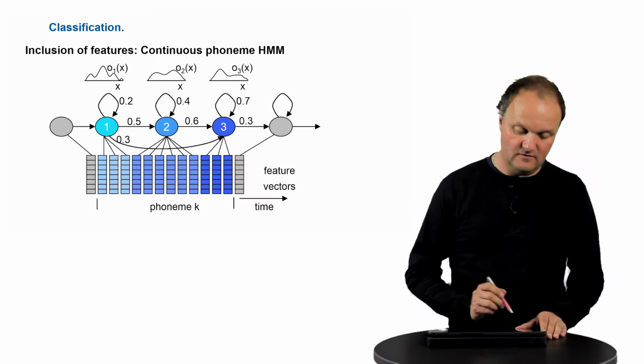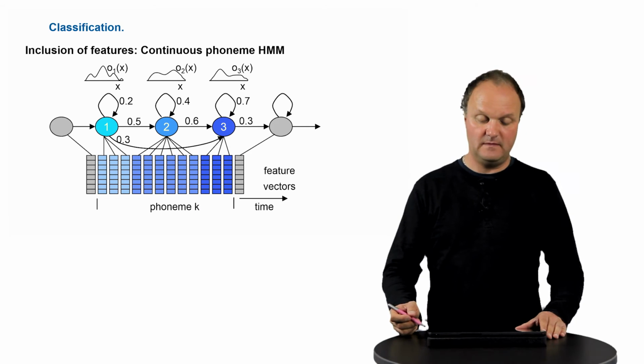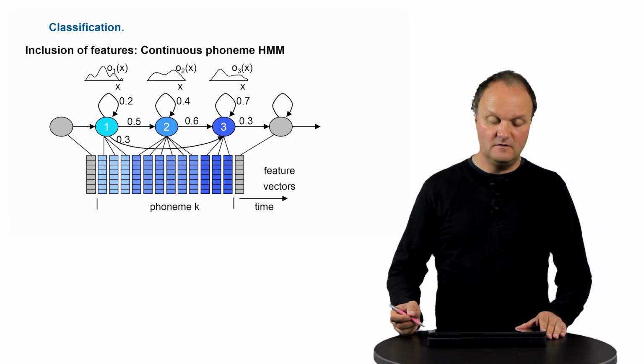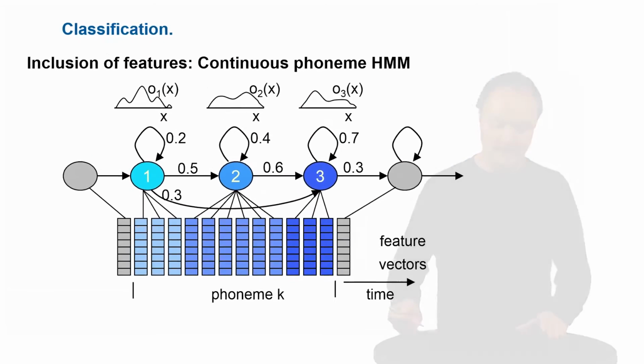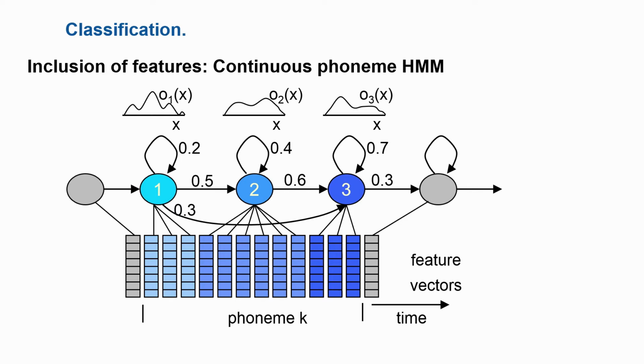This can be taken into account by the second type of hidden Markov model, which is a continuous or phoneme hidden Markov model. It works more or less the same way as the discrete hidden Markov model does. That is, we have states, which are described here with 1, 2, 3, and we have transition probabilities between the states.